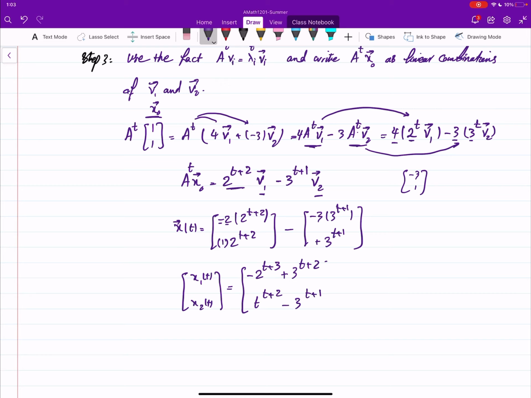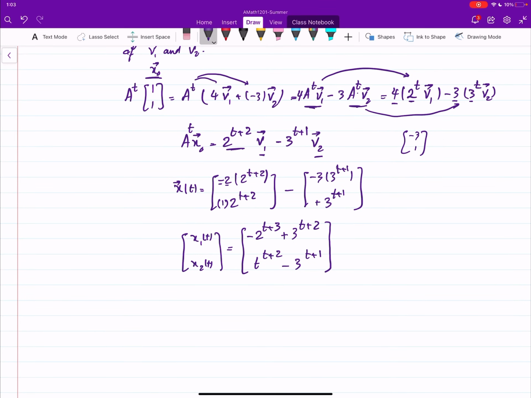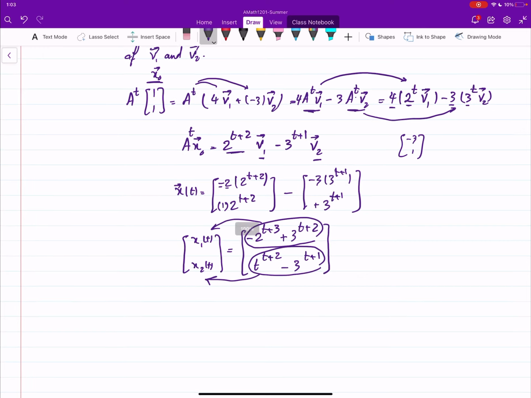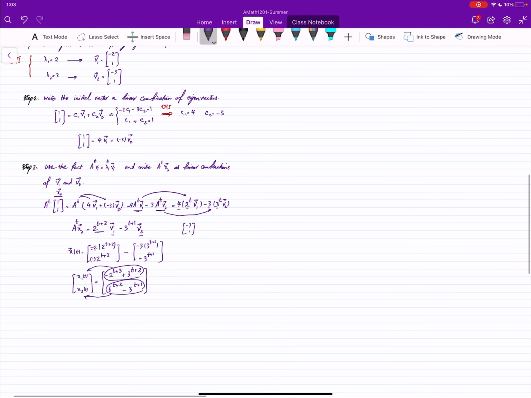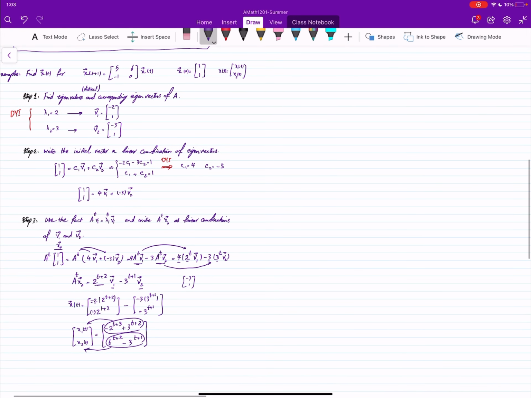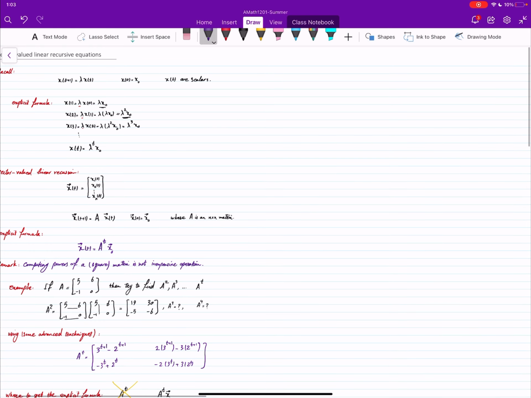The second component is 2 to the power t plus 2 minus 3 to the power t plus 2. So we were able to find A to the power t. The first component x1 has an explicit formula given by the first component, x2 has an explicit formula given by the second component. And this is how we solve vector valued linear recursion.